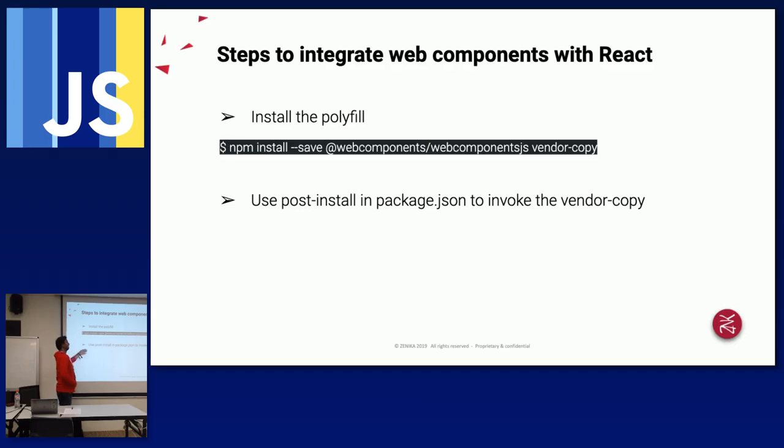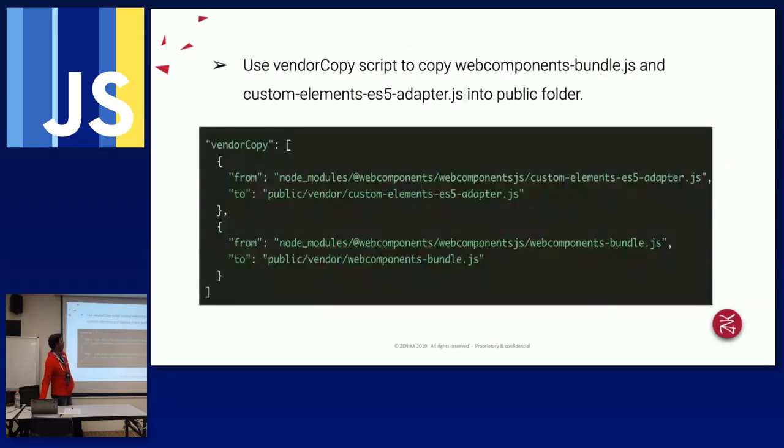So in your package.json, you can write a post install script, which means whenever you do npm install, this post install will get executed, and it will execute a vendor copy script, which basically takes the custom elements ES5 adapter and polyfill, which is web components bundle.js, and copies it into your public folder so that later on we can utilize this in our index.html.